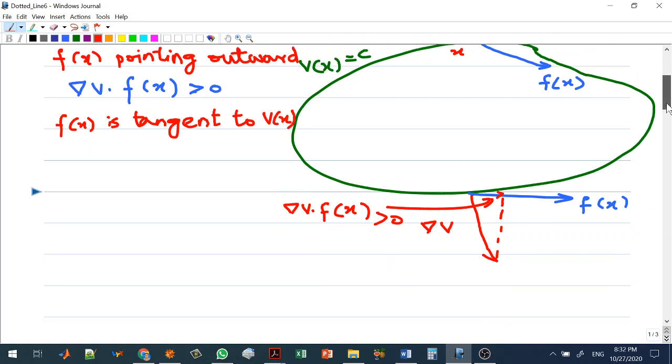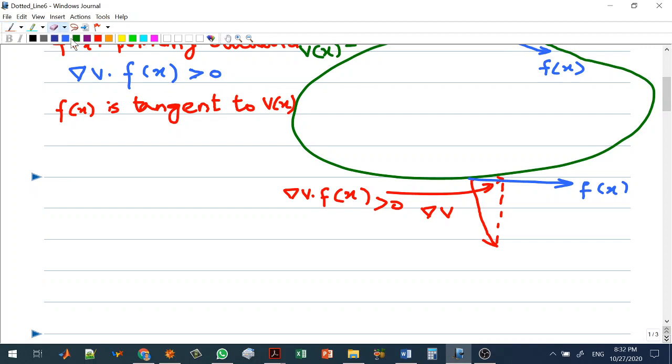So if I try to make such a situation, I make another curve within this to depict this, right? Let us say that it is another V(x) = some c, and you see that the vector field is tangent to it at some point x.